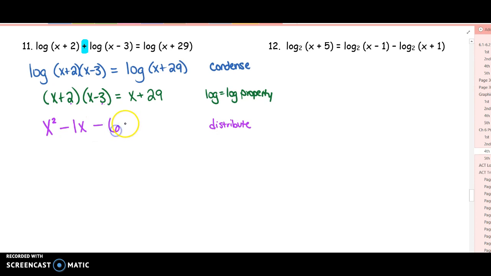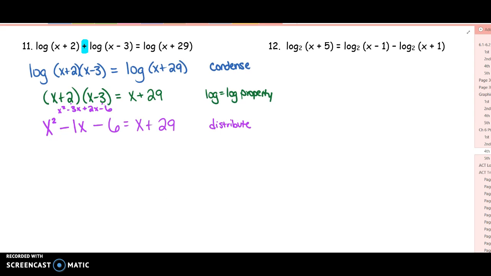That will be -6. If you need to show your work and actually do x squared minus 3x plus 2x minus 6 and then combine your like terms, go for it. But as you get more familiar with factoring, you can use those factoring shortcuts backwards to help you multiply it out.